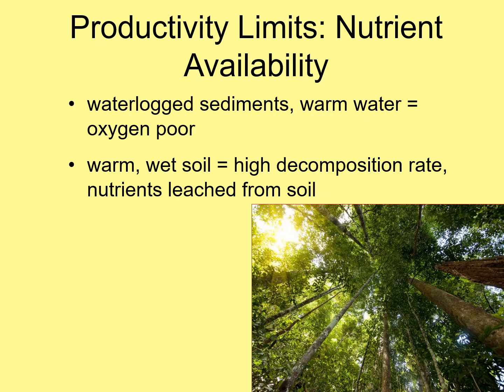Thinking of a wetland, for example, where you have waterlogged sediment, even though our wetlands experience a lot of primary productivity. So it's warm, I've got my water, but what I'm missing, right, is the oxygen. So the sediments in wetlands, because they're waterlogged, your decomposition rates are very, very slow.